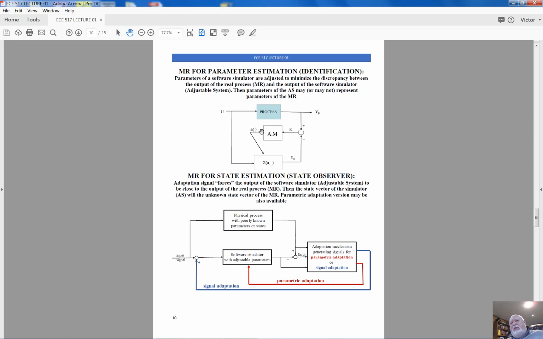We have an error, we have an adaptation mechanism, and we use this adaptation mechanism to tune the parameters of this simulator. I have to tell you, in this case, the reference model that carries the required performance is the real physical process. And the simulator works as the adjustable system.